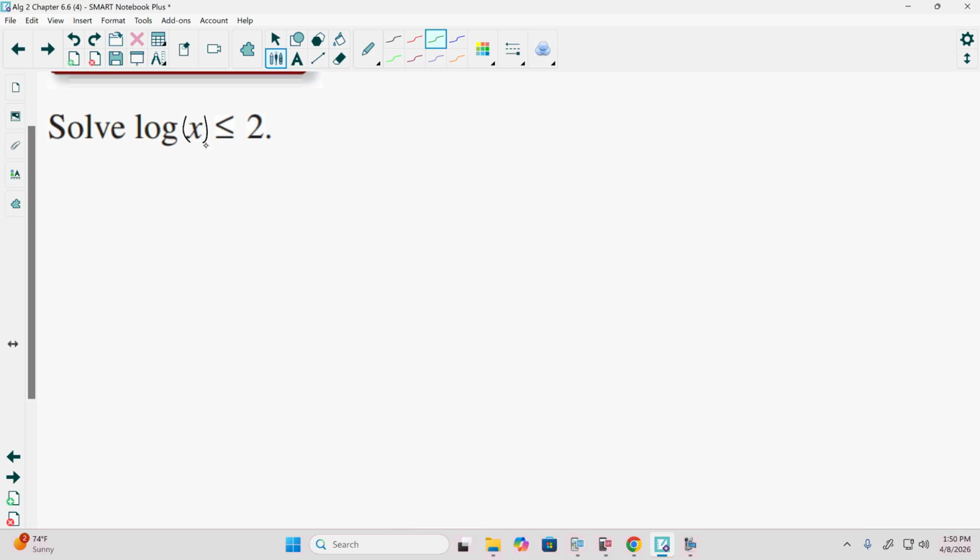So the next one's asking us to find log of x is less than or equal to 2. Now, because we're talking about logarithms, we do have restrictions because the expression inside the logarithm cannot be 0 or negative. For us here, the expression inside the logarithm is x.